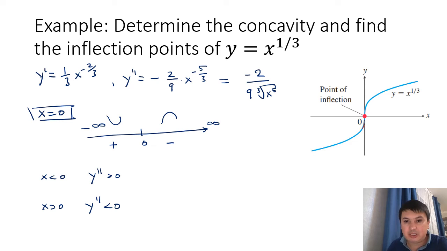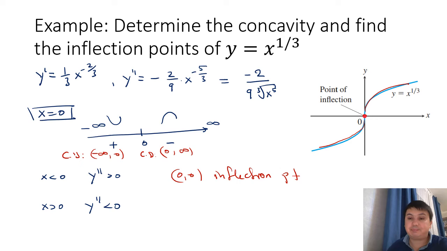Indeed, from the picture we see that here it's opening up, here it's opening down, and because the concavity is changing, we also see that (0, 0) is again an inflection point. So from minus infinity to 0, concave up, from 0 to infinity, concave down.